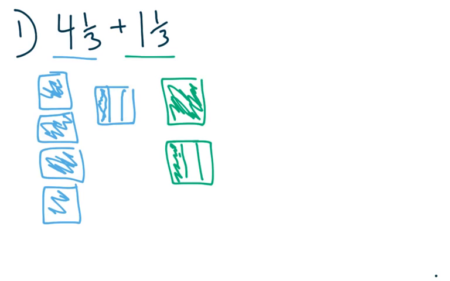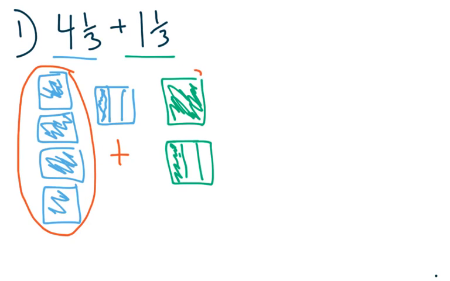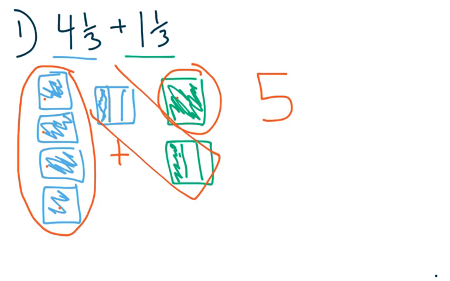So now what we're going to do is combine them. We're going to add these together. I'm going to start by counting all the whole components that I have. I have 1, 2, 3, 4, 5. So my whole number is 5. Now I have to look at my fractions. Both of these are in thirds, so I'm just going to count how many thirds I have.